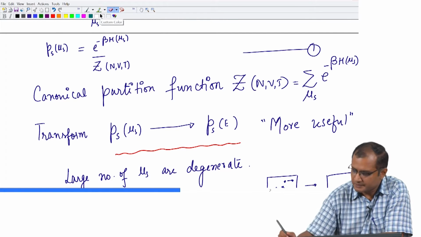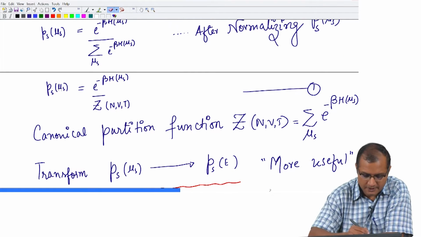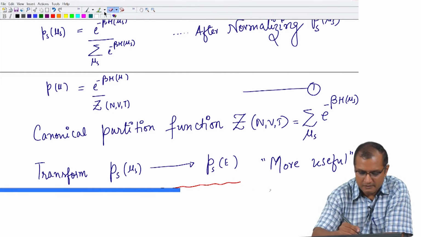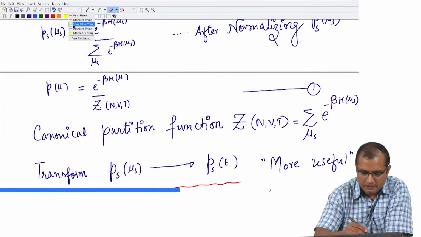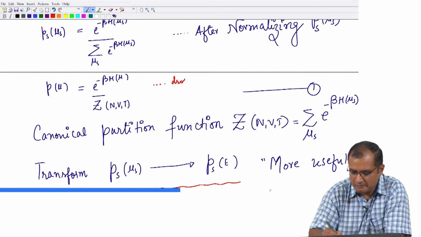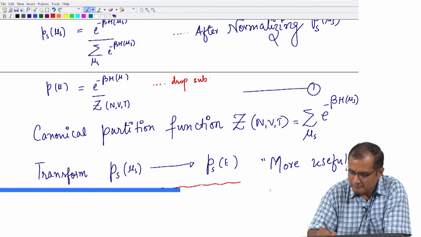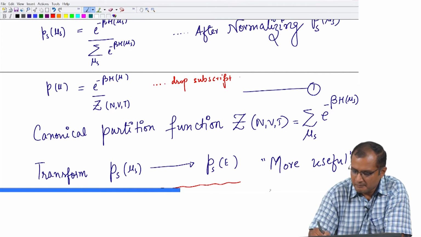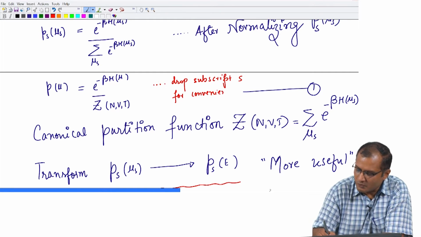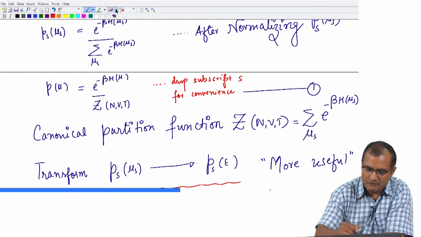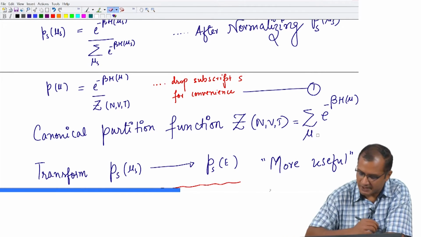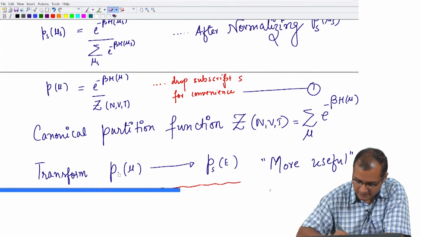I am going to drop the subscripts here, because we are only dealing with the system properties. Purely for convenience, all quantities are now referred to as the system quantities. Okay. Fine. So, I am going to simply drop these subscripts.